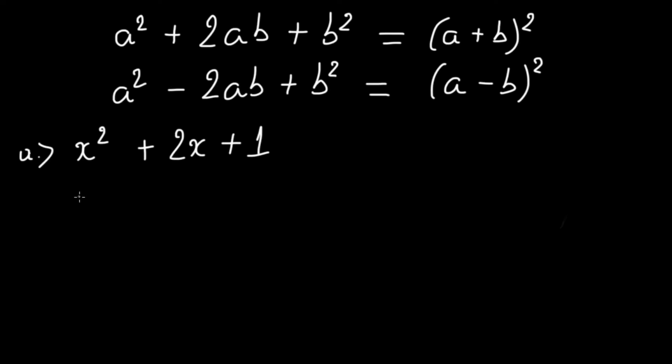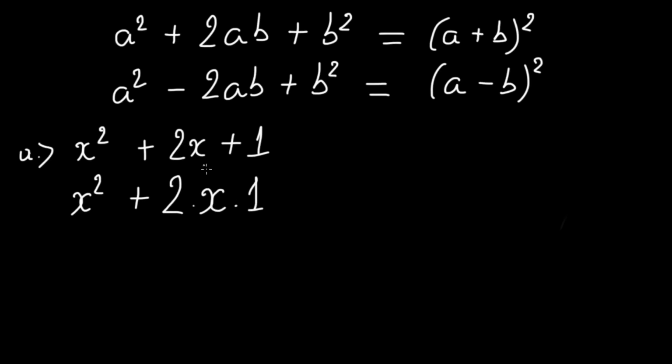So we try to write it out like this: x squared, and then plus 2ab. Consider x as a above. 2 times a times b, a is x, so we put x right here, and then b is 1.